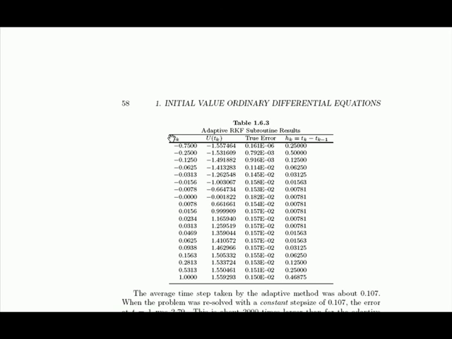Here are the results. We started at minus 1 and go to 1, and you can see that it's taking large step sizes here until it gets close to 0, then very small step sizes, then it increases the step size again because it sees the solution's not changing much. And the error at 1 is 0.0015.